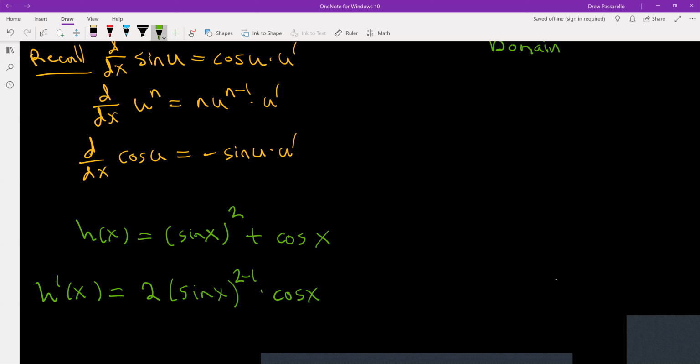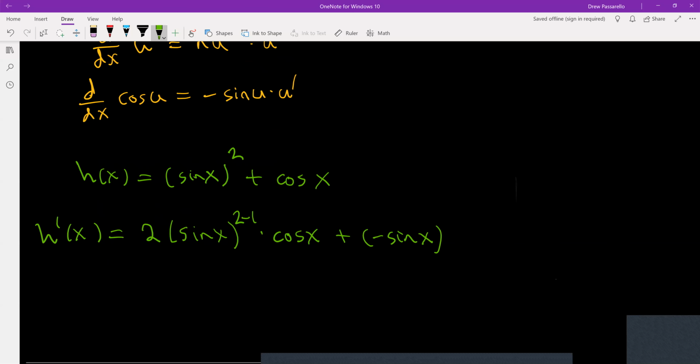And then the derivative of cosine is negative sine, so it'll be plus negative sine x. I use the general power rule for this, where our u portion is sine x. The derivative of sine is cosine, so that's the u prime part. And then we did the general power rule.